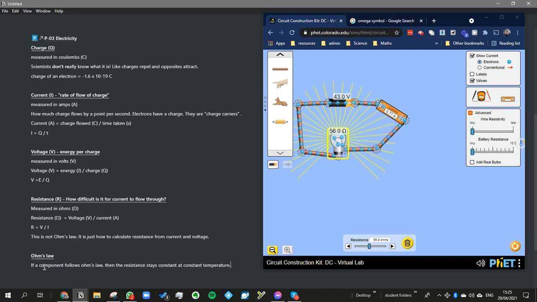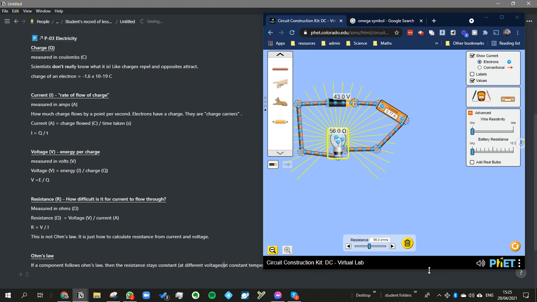So if the temperature of the room or the temperature of the experiment is kept constant, the resistance of the thing will be kept constant too. So the resistance stays constant, and I should say maybe at different voltages.